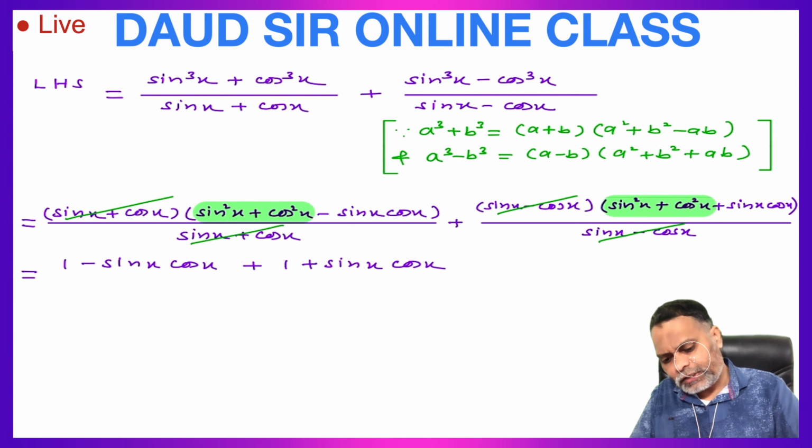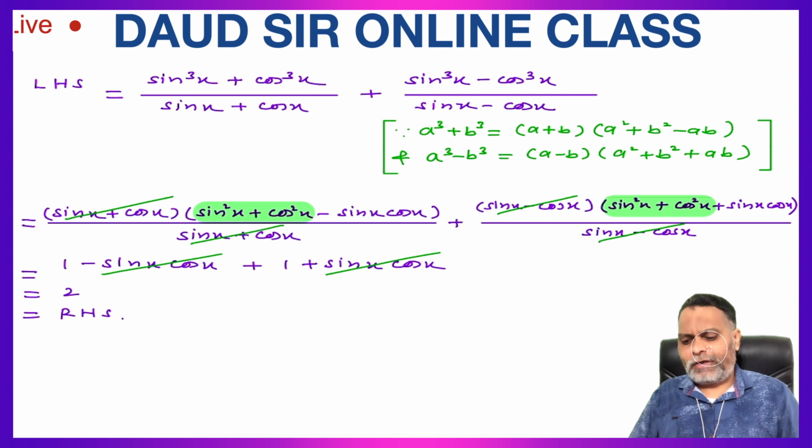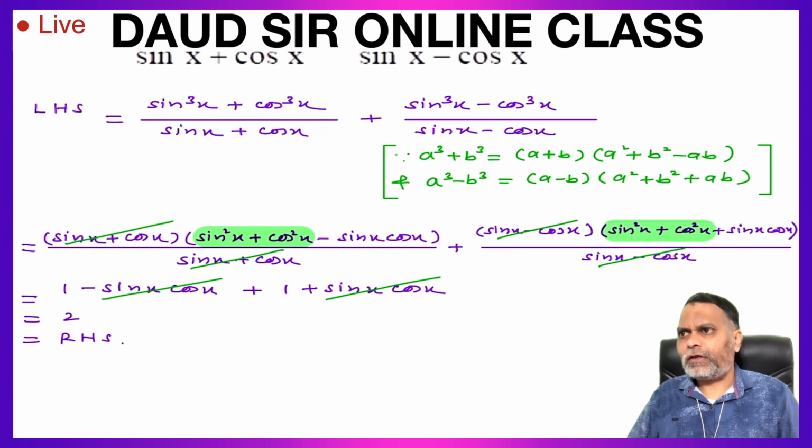Now again this positive sin x cos x and negative sin x cos x get cancelled. So 1 plus 1 is 2, which is equal to the right hand side. So in this way we can prove this identity.